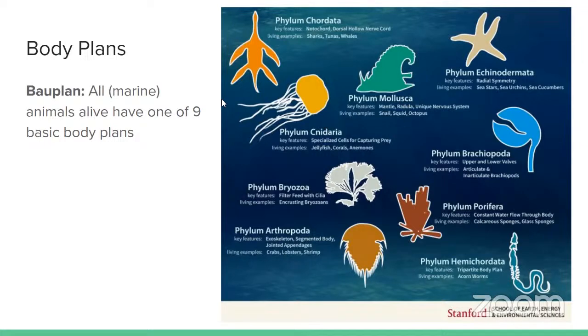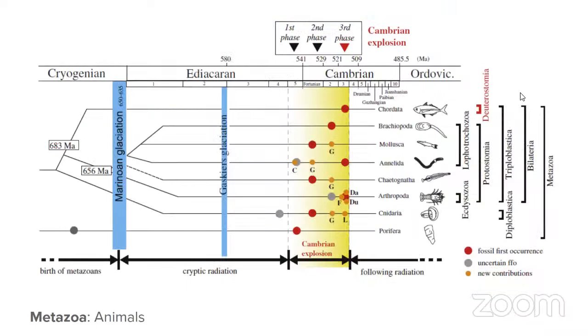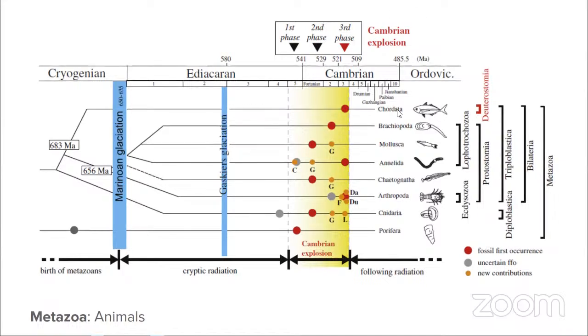Okay. All right. So we're looking at these body plans, which is part of what we were looking at with this chart at the end of Friday. We're looking at the Cambrian explosion, and we're seeing how all these different groups are arising here in the Cambrian.